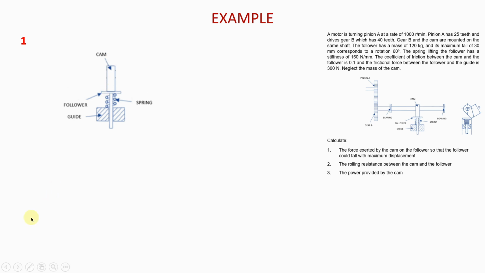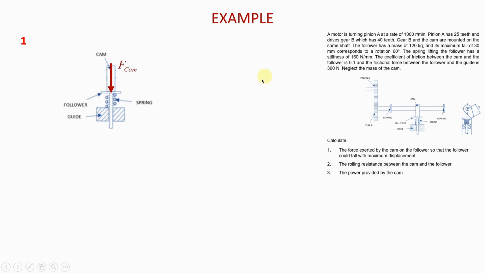So the force of the cam that we're trying to find is that force here. We're trying to calculate the force that the cam needs to exert on the follower so that the follower will fall by 30 millimeters. But to be able to determine this force, we need to establish all the other forces that are present in the system.